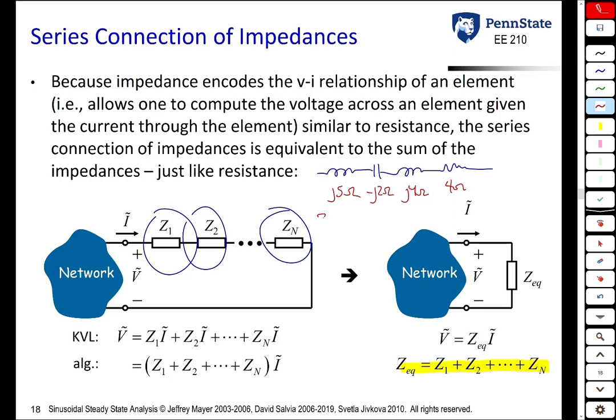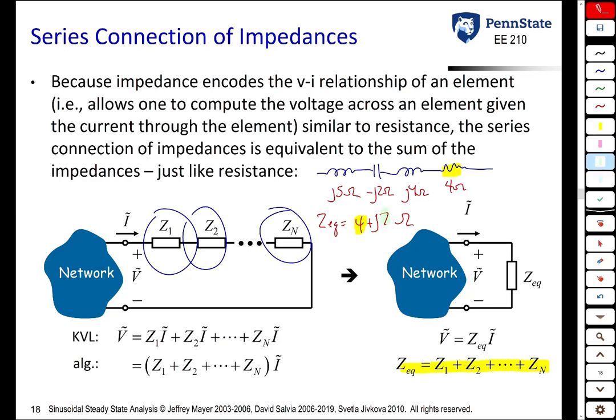So for example, here the Z equivalent would be 4 plus J7 ohms.